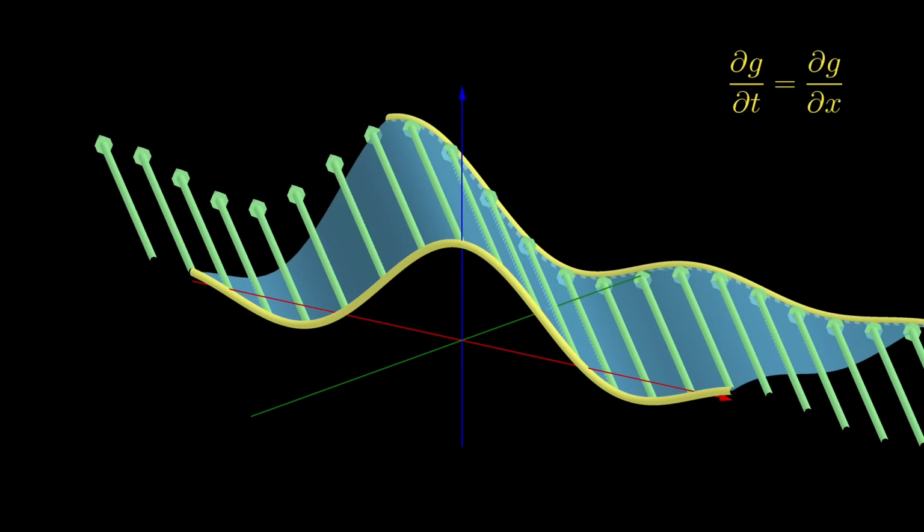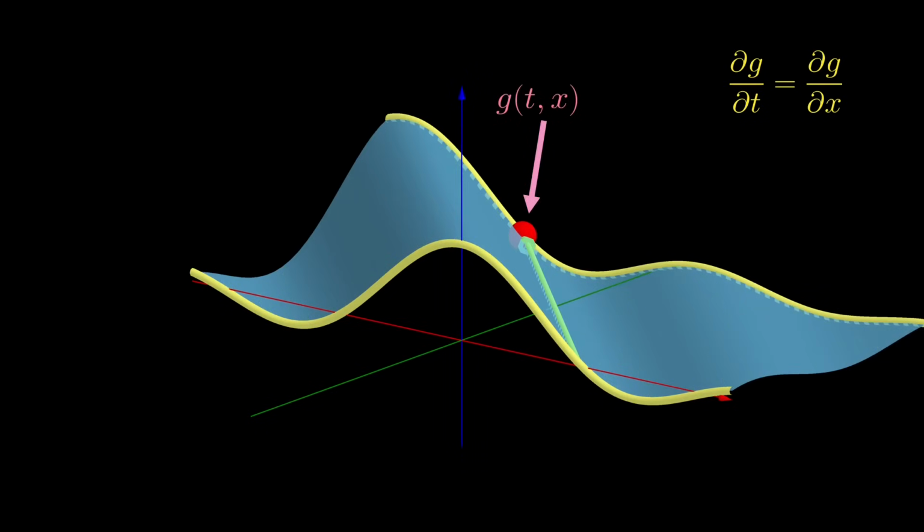At a particular time slice, we can obtain the value of g of t,x by simply tracing back where it comes from. At time t equals 0, the function is f of x, our input function.